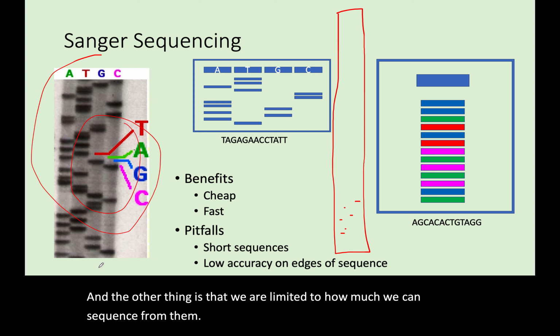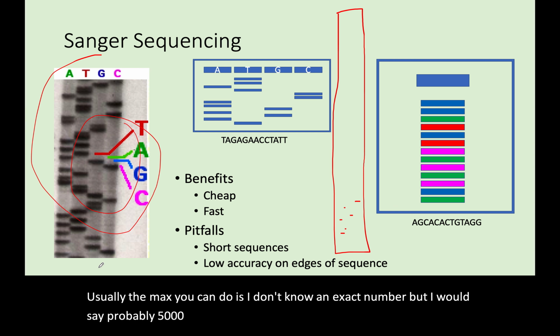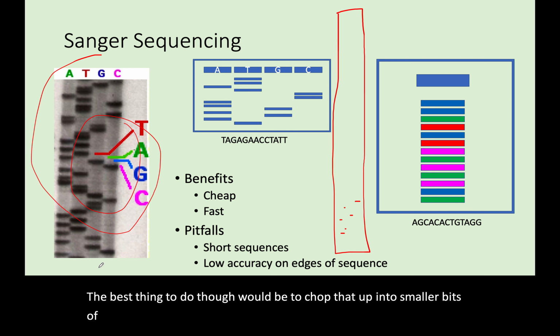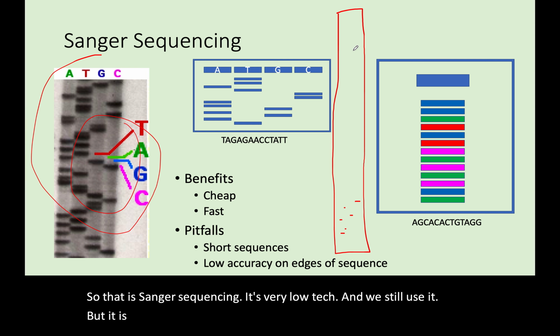I don't know an exact number, but probably 5,000 is the highest you could go comfortably. The best thing to do would be to chop that up into smaller bits of maybe 1,000 and do five 1,000 nucleotide segments. So that is Sanger sequencing. It's very low tech, and we still use it, but it is not always the best way to sequence. It depends on what you're doing.